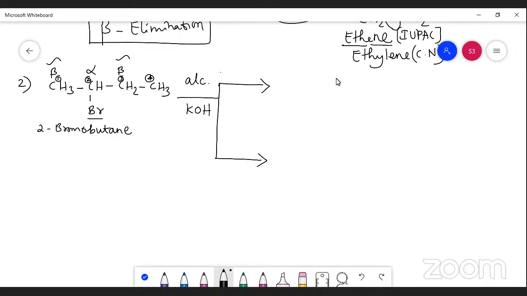In the first process, I am going to take this beta carbon containing hydrogen. So is it clear? We know that here is CH3. I want to eliminate the Br from the alpha carbon.